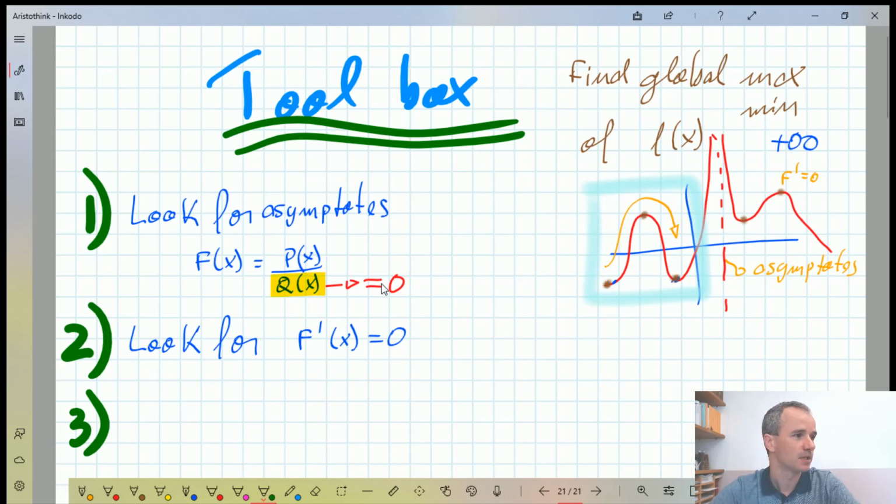Oh, and let me put in here, I forgot: what would be the derivative? Well, if you remember the quotient rule, how do we derive f of x?